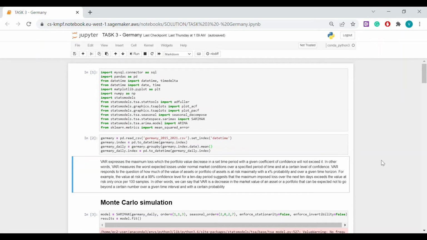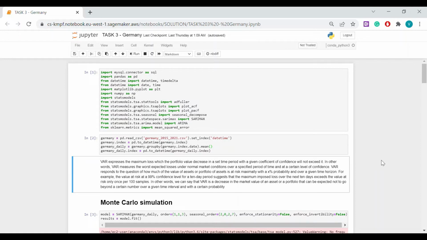The third task of the case study is connected with value at risk. Value at risk is a measure of risk for potential losses within a given portfolio over a defined period of time. The goal of the calculation is to measure the greatest potential loss under normal market circumstances at a specified confidence level.